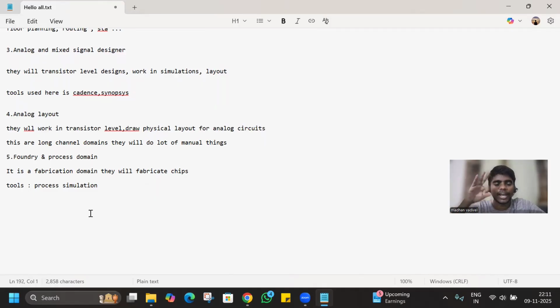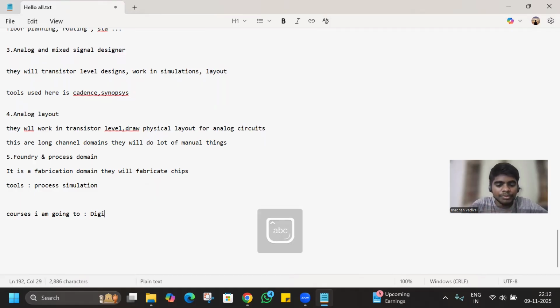I will post videos on these three parts, and after that I will start PD, using both theory as well as the tools: how to use them, how to design, how to make a layout. The courses I am going to do are digital design, Linux, and TCL. I am going to do a course on these three.